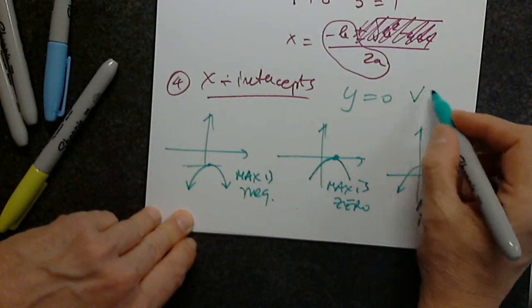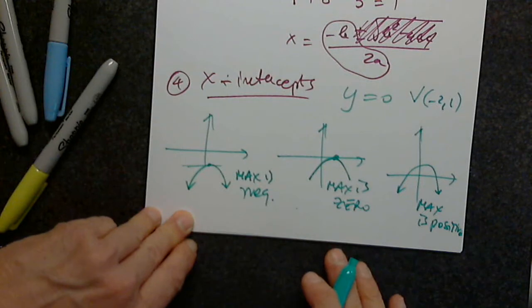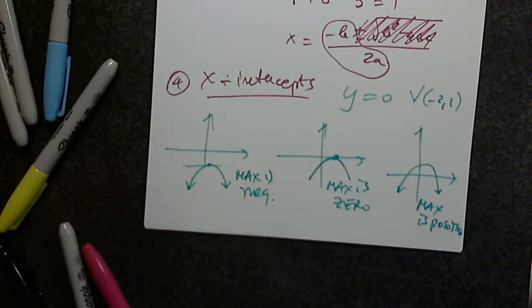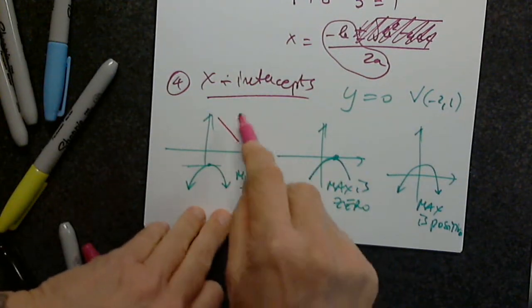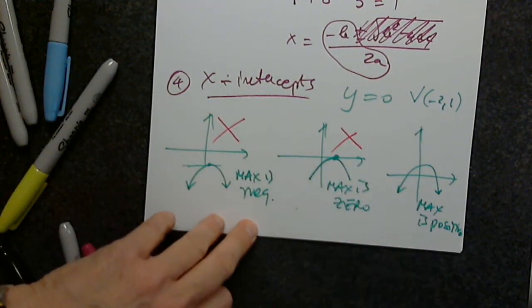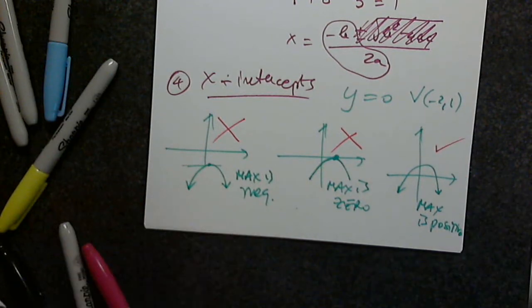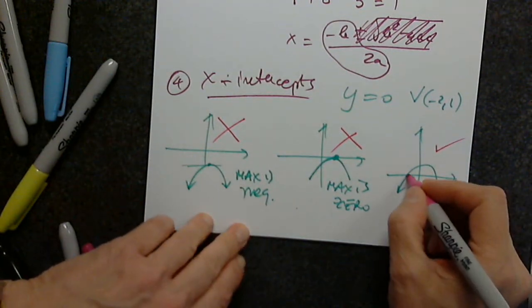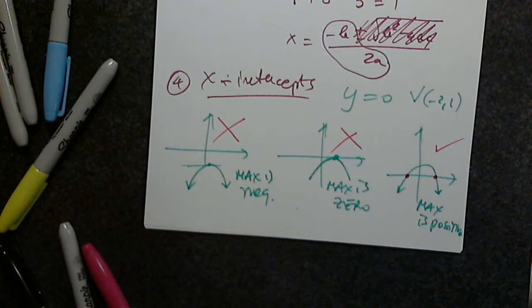Since the vertex in our case is -2, 1, which of these 3 situations has a maximum that is a positive number? Not this, not this, but this. So the quadratic function will have 2 solutions. The quadratic equation will have 2 solutions, and the quadratic function will have 2 x-intercepts.